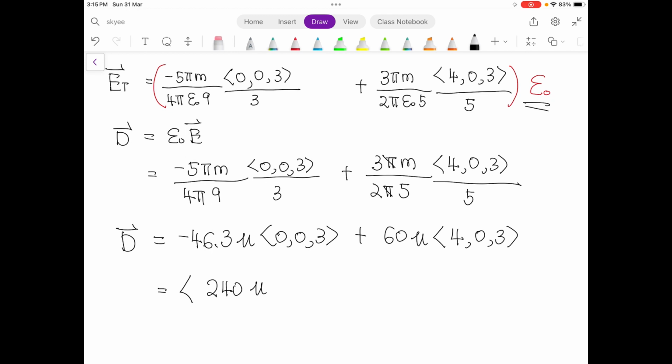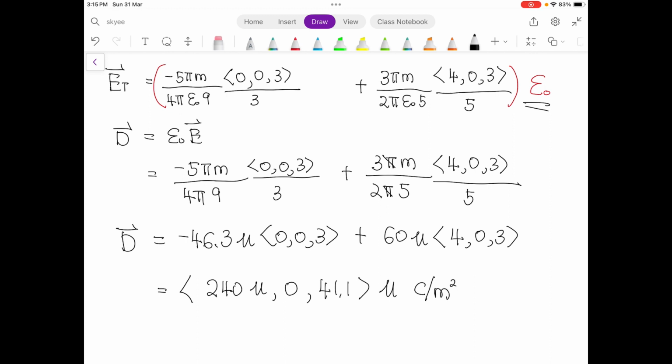This is the X. Then you don't have the Y components, and you have the Z components, in micro coulombs per meter square.